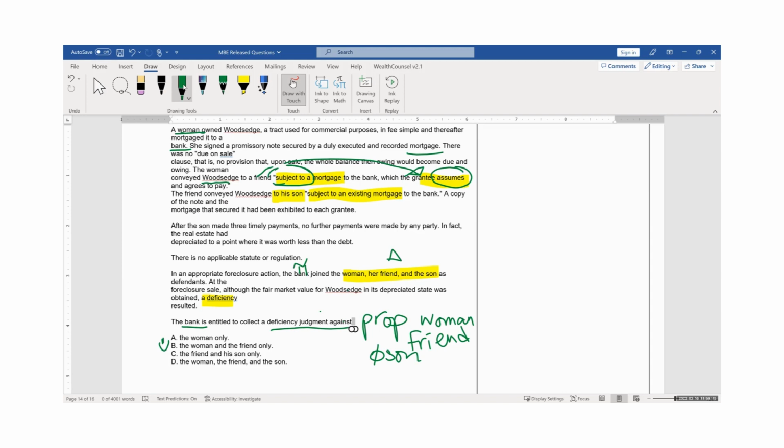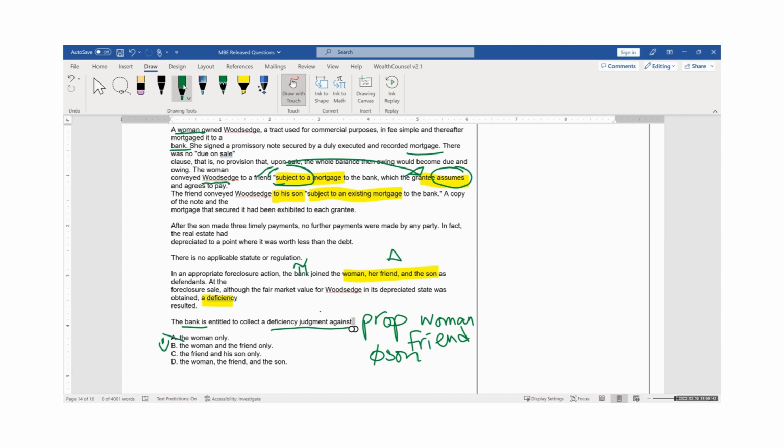She did not receive a novation, so she's still on the hook. That is true. However, because her friend took the mortgage and assumed to pay for it when he took the property, then her friend is also responsible for the deficiency. Answer choice A excludes the friend.